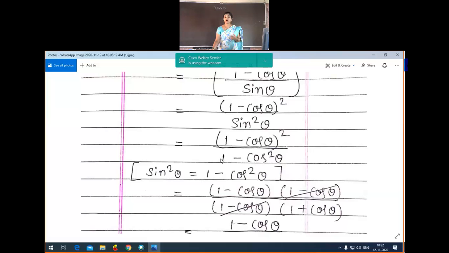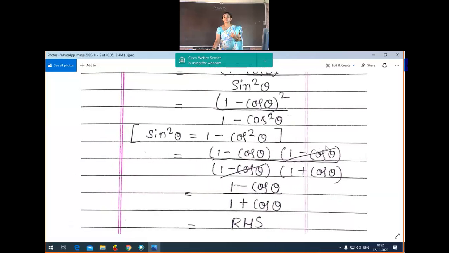This is in the form of a square minus b square. Here 1 square is 1 only. 1 square minus cos square theta, a square minus b square, that is (a plus b) into (a minus b), that is 1 minus cos theta into 1 plus cos theta.